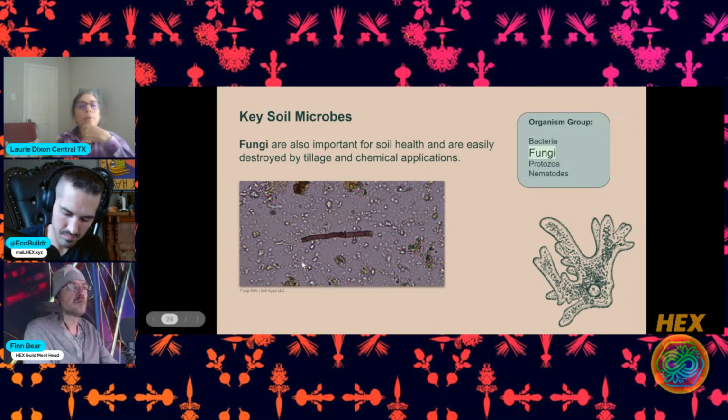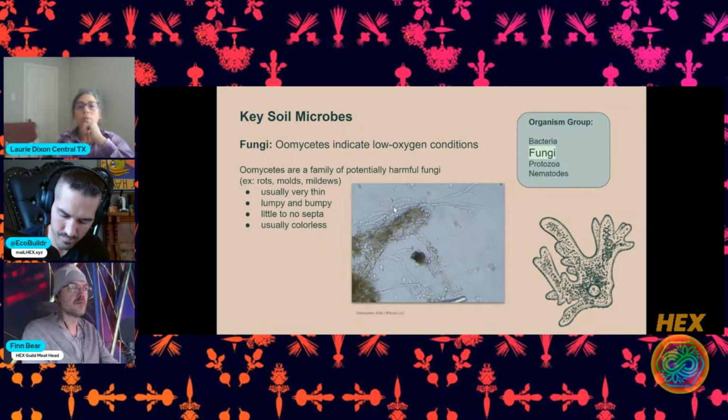Fungi break down the more complex foods, so you're moving up in succession. They're easily destroyed by tillage and, of course, chemical applications. We also look at the oomycetes. They're also a kind of fungi, but a lot of the pathogenic fungi fall in this category.